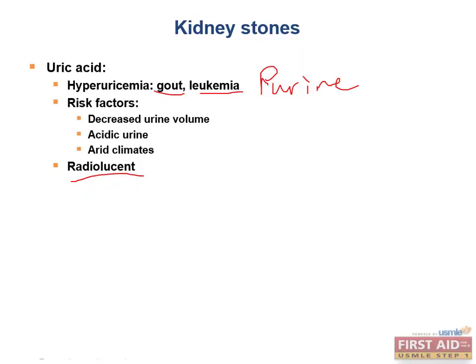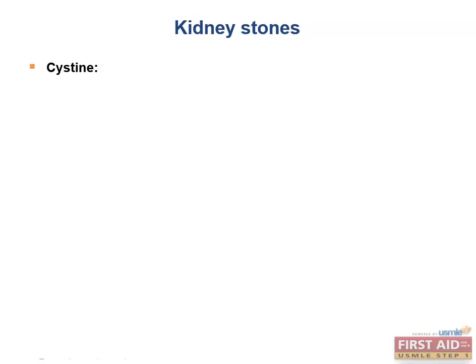So what's going to be the treatment if a risk factor is acidic urine? Alkalinizing the urine to treat these stones and dissolve up that precipitated uric acid. Finally, there's cystine stones, which are very rare, but can occur in the context of genetic cystinuria, so they're mostly seen in children with cystinuria.